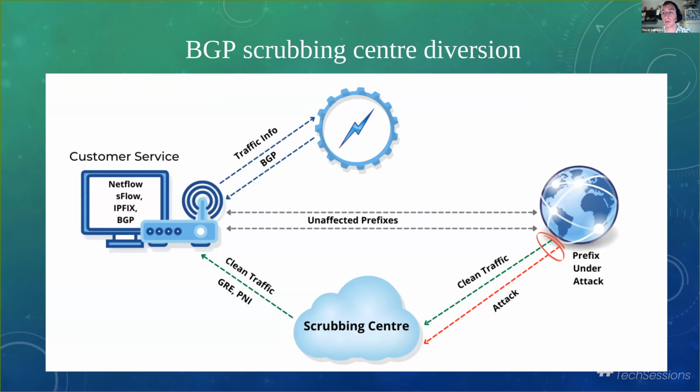In this case, FastNetMon can also do it for you, because instead of making just a black hole, FastNetMon can announce the affected /24 towards the scrubbing center, and all traffic, including malicious and your good traffic, will move gracefully away from your network. Your uplinks will be empty, not filled by malicious traffic, and only clean traffic will be delivered to your service. So you can save your important service and keep your network running.